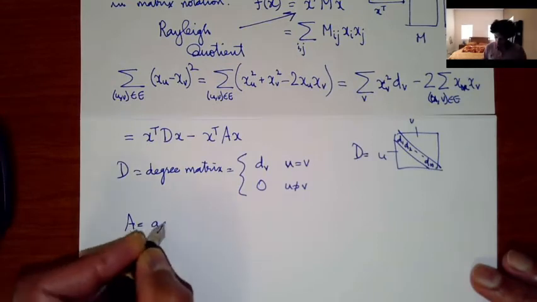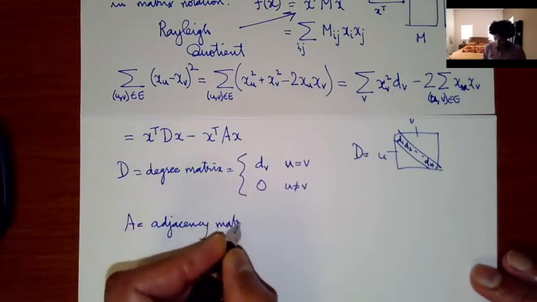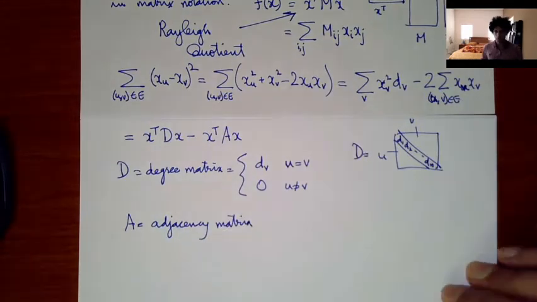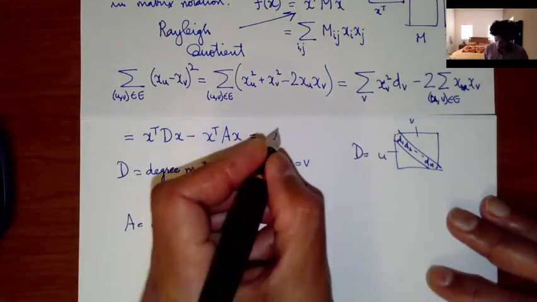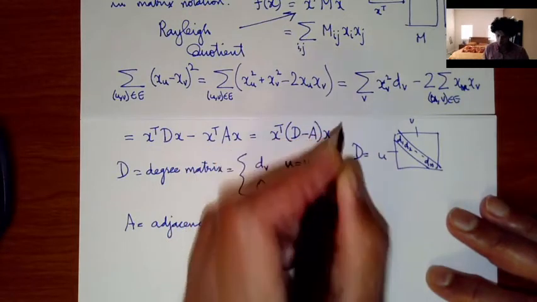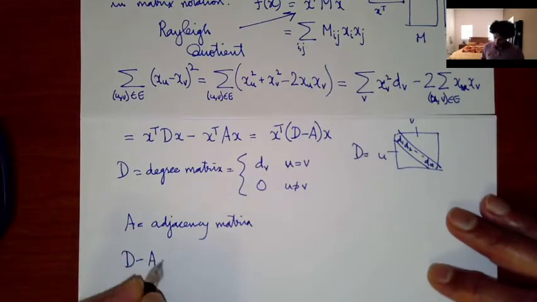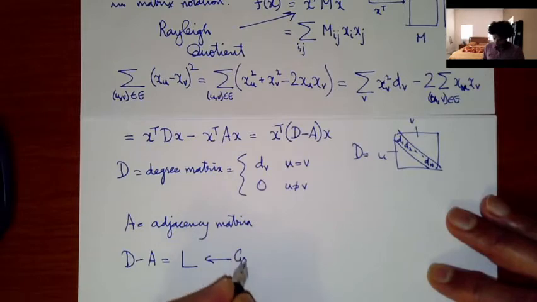A is just the adjacency matrix. So I can actually write this as x transpose (D minus A) x. And D minus A has a very special name. This is referred to as L, and this is called the Graph Laplacian.